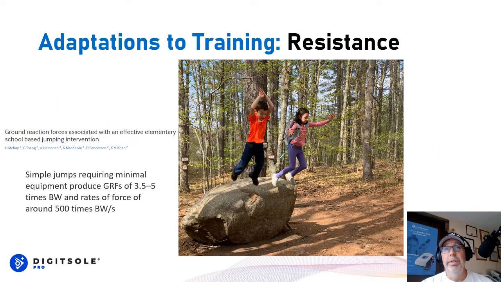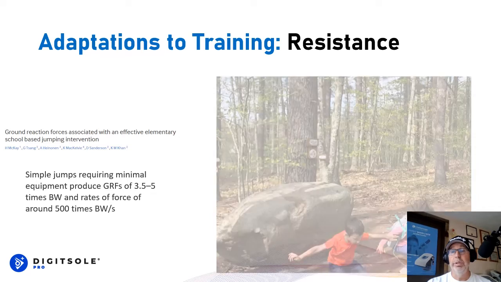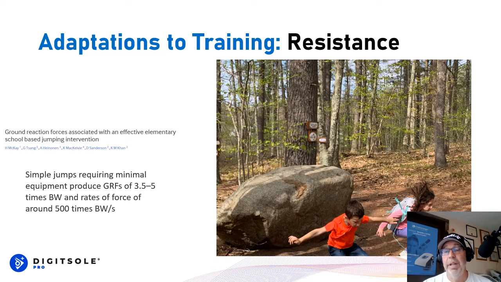I use another example when people still argue and say, well, when we look at those forces, they're really, really high. Well, they're really high anywhere. These are actually my kids jumping off a rock when we were going hiking one time. In a single jump, we can exert as much as 3.5 to 5 times body weight when they're landing.